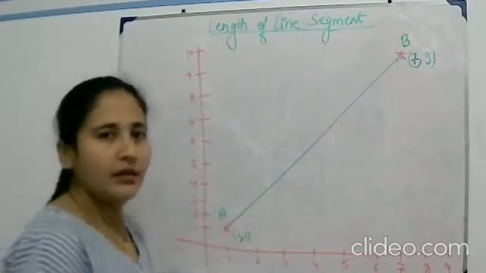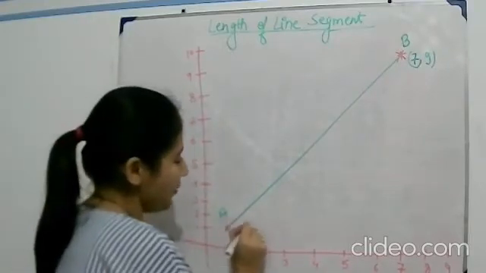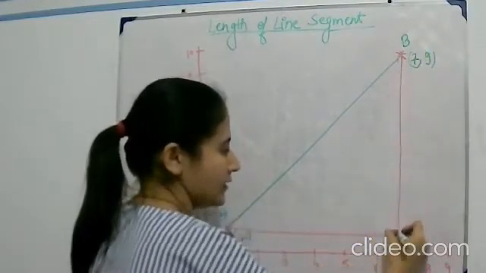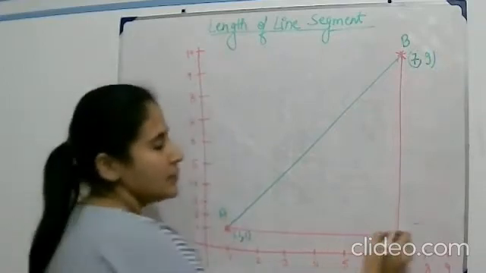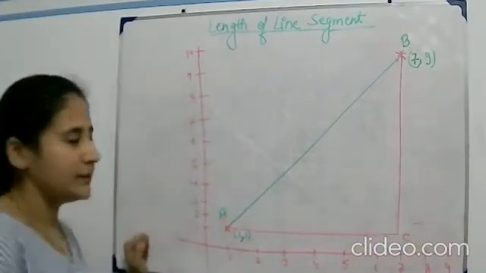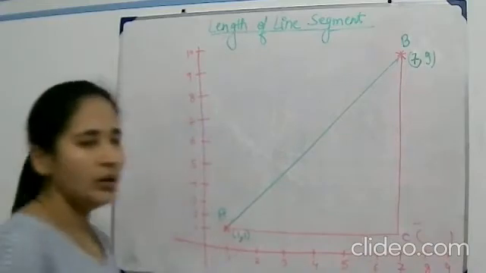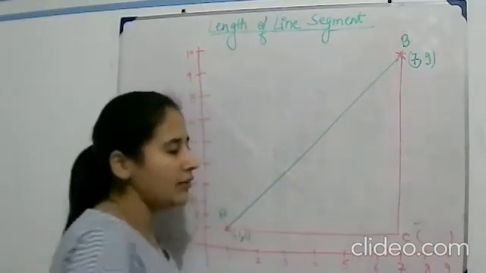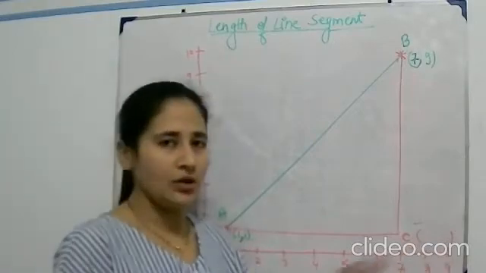So what is the method? First, just join these points like this. This point will be point C. We already know the coordinates for point A and for point B, so we can find the coordinates for point C also.